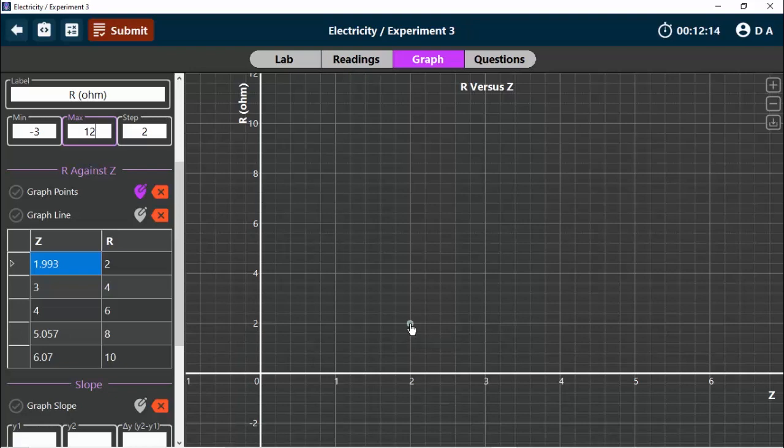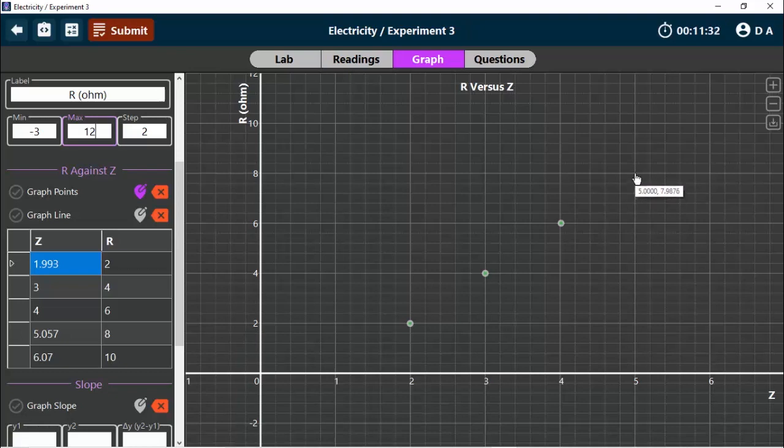So the next is when z is 3, r is 4. So this is the right point to click. When z is 4, r is 6. So here we have 6. When z is 5.057, which is roughly 5, r is 8.